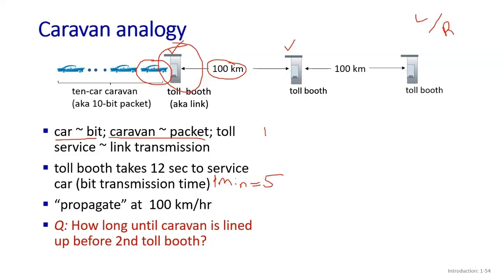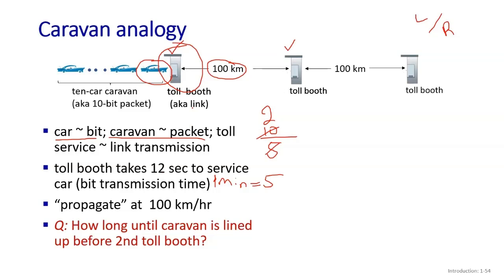R is the link transmission rate: the toll booth takes 12 seconds to service one car, and in 1 minute 5 cars get serviced. So if we divide 10 over 5, we get 2. It means it takes 2 minutes for the toll booth to service the caravan.